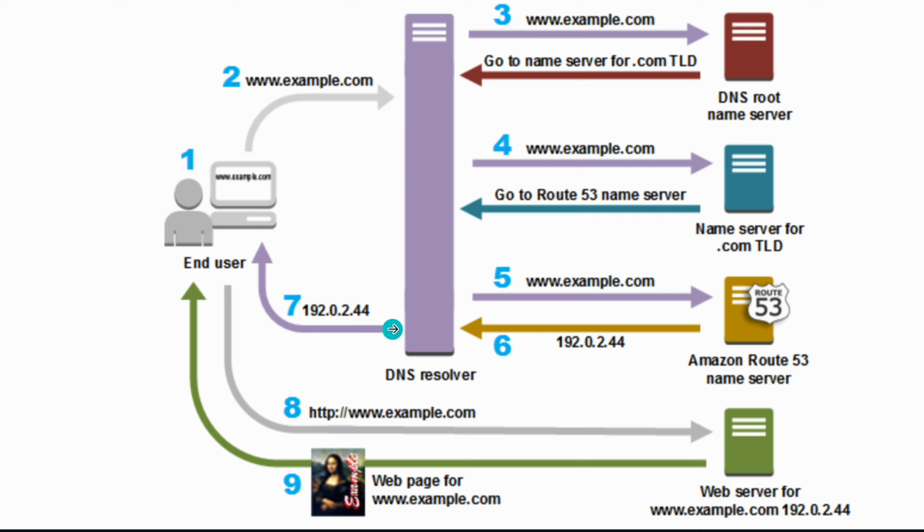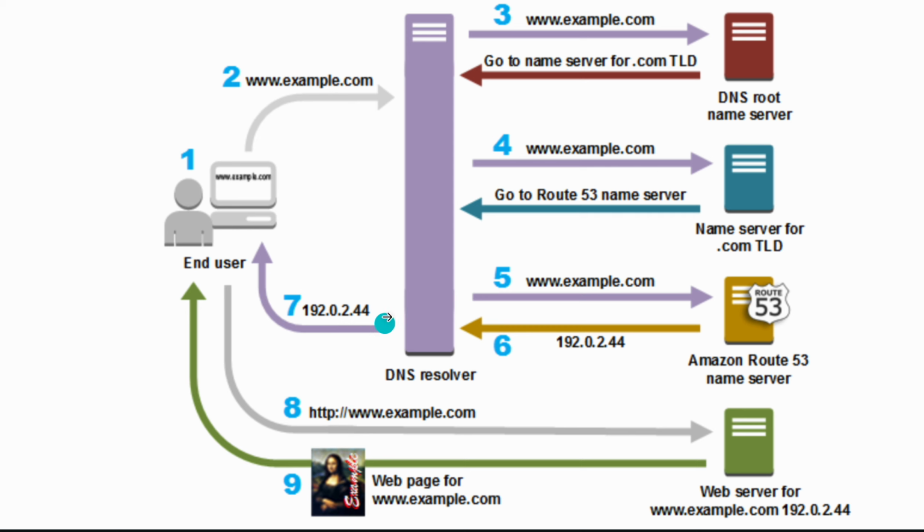And here there will be a DNS resolver. This is internal to Amazon, but this is the public IP address which will return to the user. Means this public IP is related to this IP internally in Amazon, right?